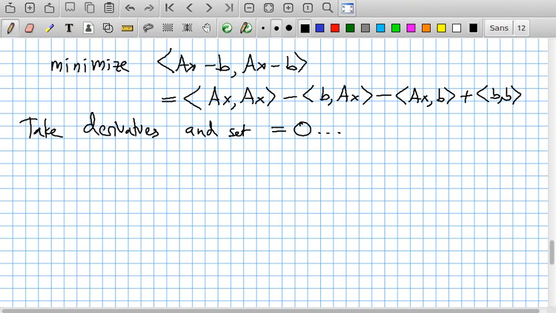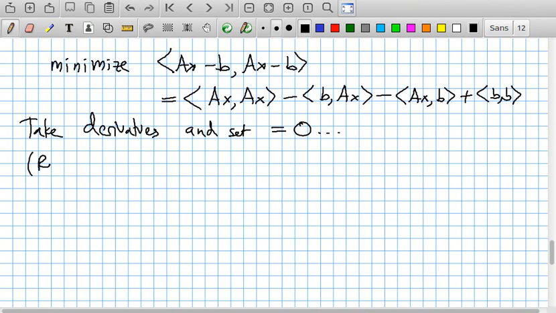Wait a minute, what do I mean by take derivatives? This is something that's a little funky. Remember, what does it mean to use this derivatives thing in calculus? It means if you take a small perturbation off of there and take the derivative with respect to it, it gives you 0. So basically here, we're going to need to soup this up a little bit.